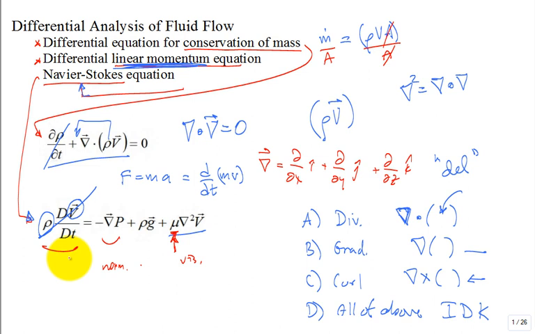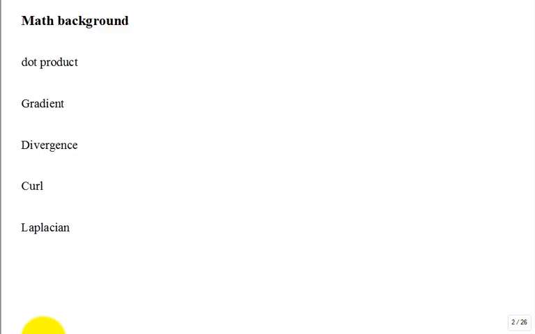Well, before we launch in and get, Laplacian, divergence, gradient, material derivative, we have to make sure our mathematical foundation is firm. So, dot product, go back and please review all about the dot product. The gradient operator, what's it take?